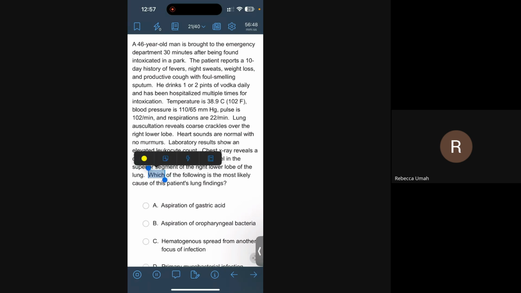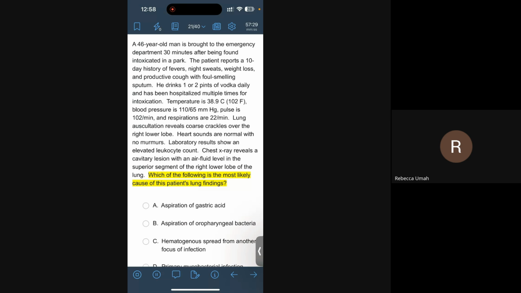Which of the following is the most likely? A 46-year-old man intoxicated in the park, with fever, night sweats, and a productive cough with foul-smelling sputum.